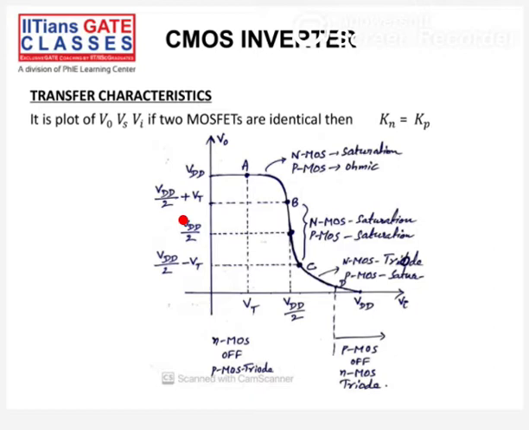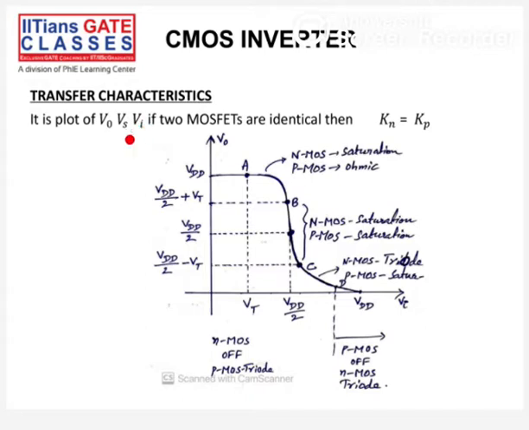So now we'll come to the main topic, that is transfer characteristic of CMOS inverter. So this is the actual way in that we'll understand its working. So transfer characteristic means the plot of Vo versus Vi.